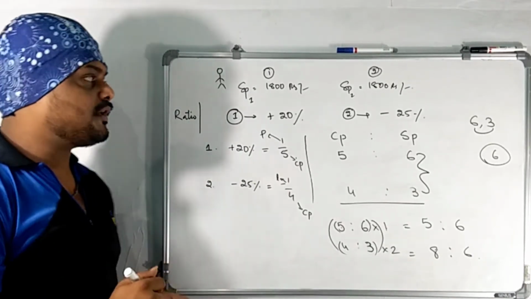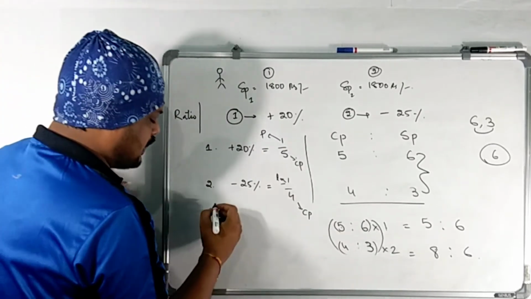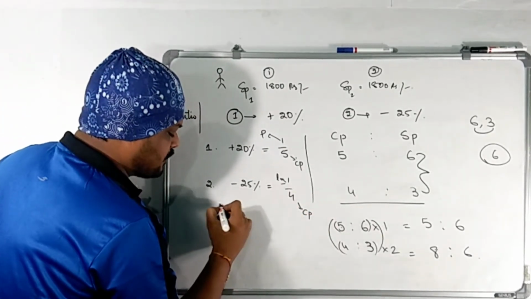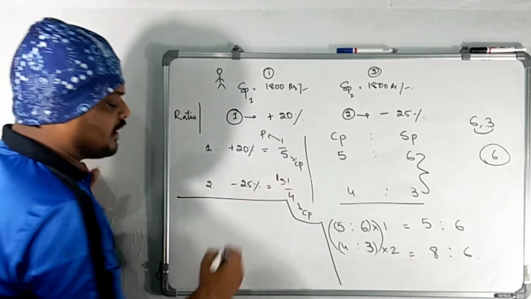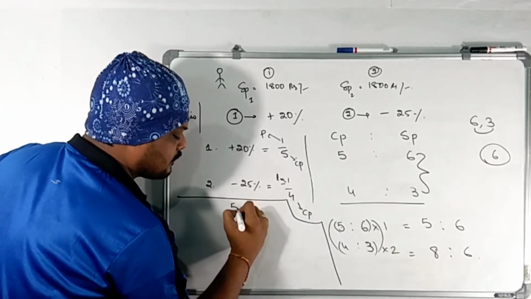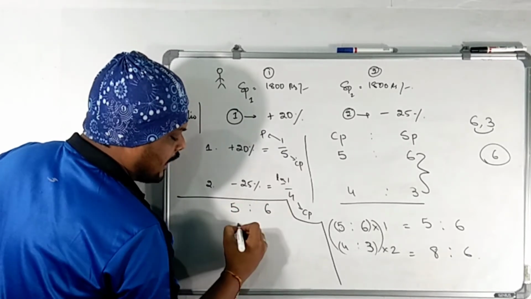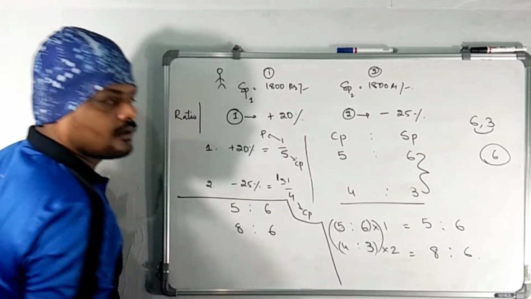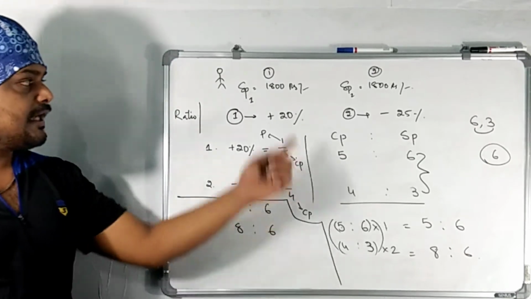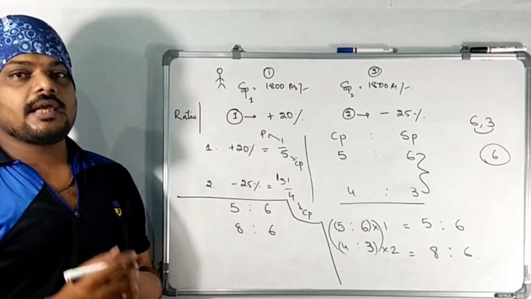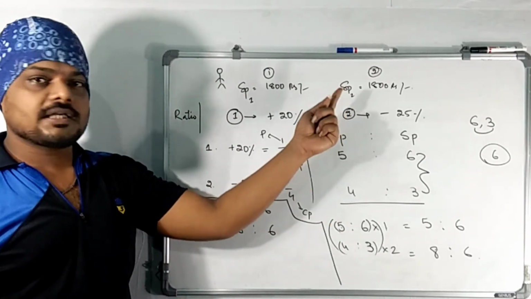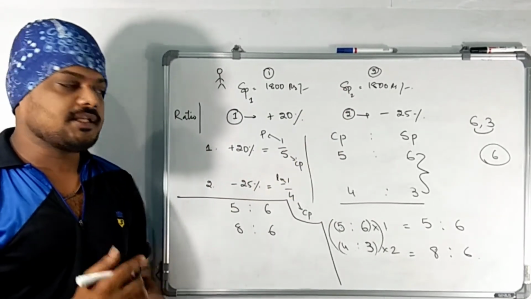Now let us solve the question. The last ratios which we got are 5:6 and 8:6, and the condition of the question is that the first article selling price is 1800 and the second article selling price is also 1800.